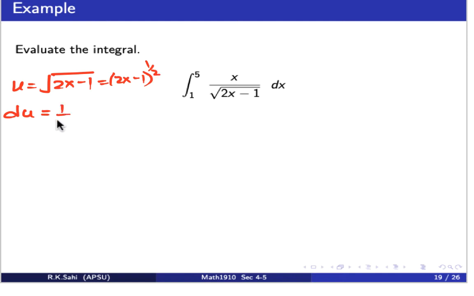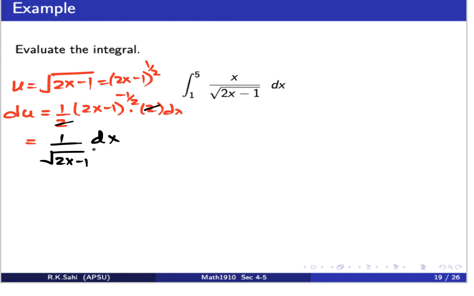It's going to be half times 2x minus 1 to the power negative half, times the differential of 2x minus 1, which is a 2, and then dx. The 2 and the half cancel out here. So we have 1 over the square root of 2x minus 1 dx.